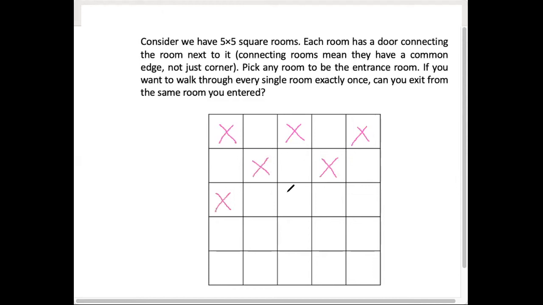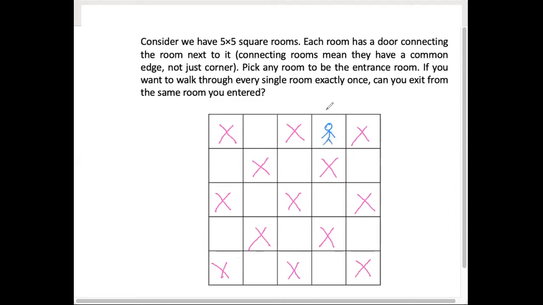So let's color some of them pink and leave the rest to be white rooms. This is a very simple coloring. I just draw a pink cross on it to indicate the pink rooms, and the rest are white rooms. Now we can pick any room we want. For example, let's pick this one.